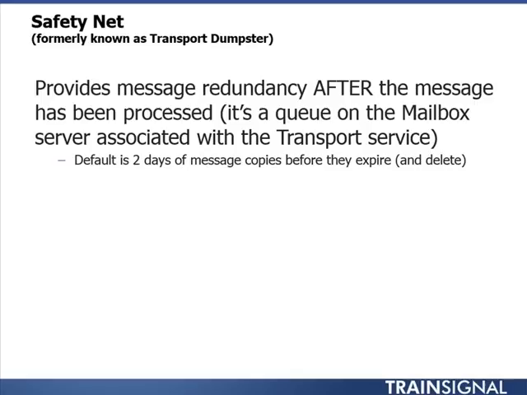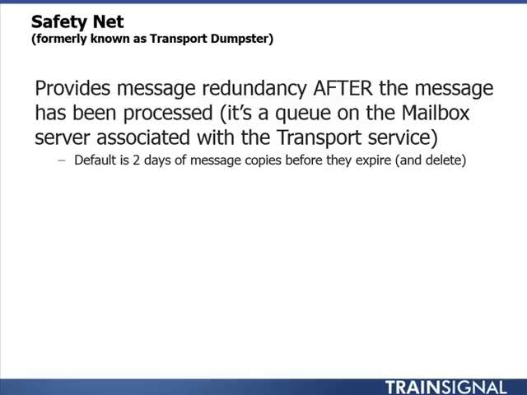Well, this makes sense when you start thinking about high availability and database availability groups, because what was nice about Transport Dumpster is that in the event the active copy of the database went down, became corrupted, or the server went down, and the passive copy of the database became the active, the first thing it would do is check in with the Hub Transport servers and see if there were any messages in the Transport Dumpster that it did not have in the passive copy that's now the active.